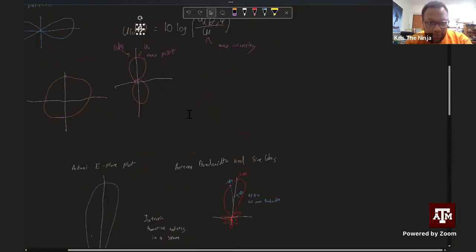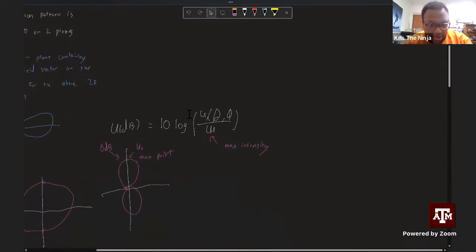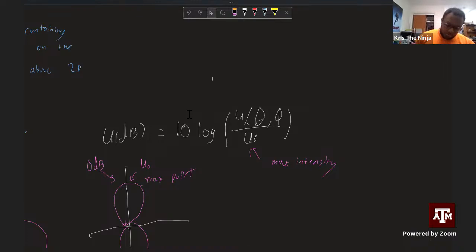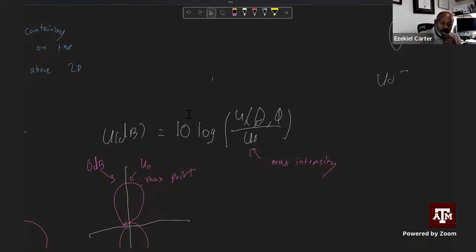So as an example, let's just say that our original U equals 25 watts, and then U naught, wait, no, I guess max would be higher.